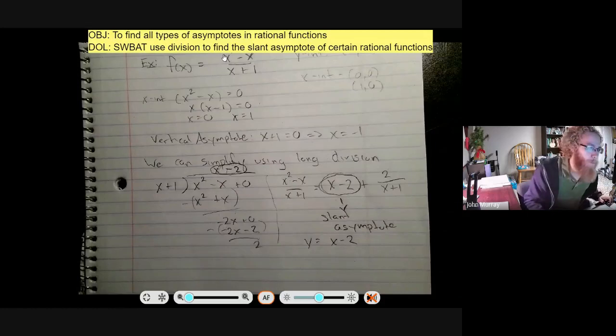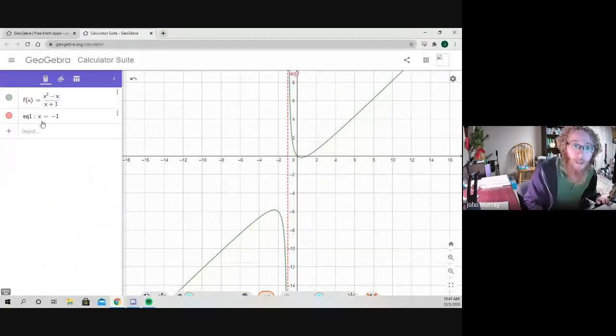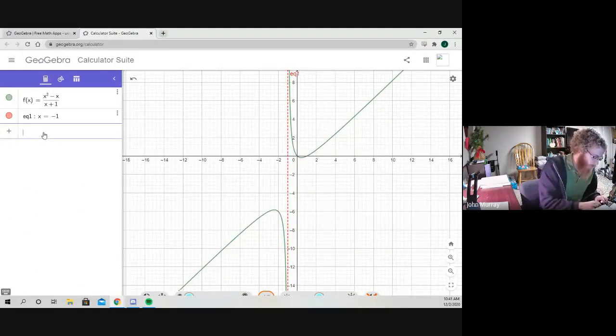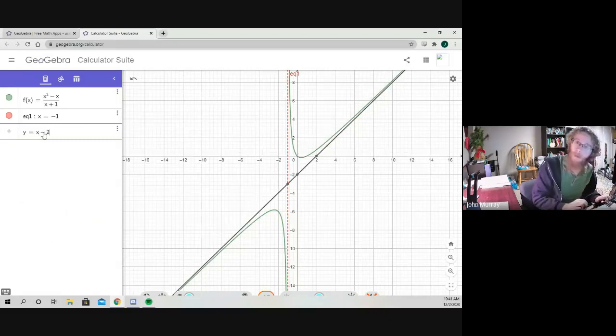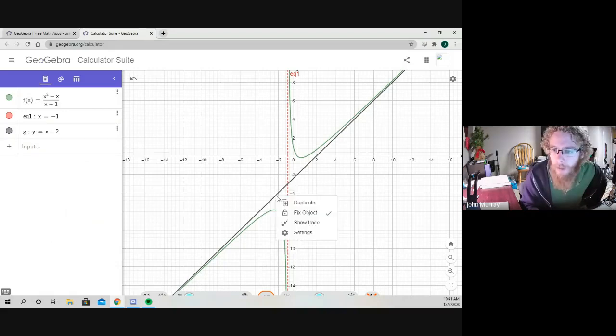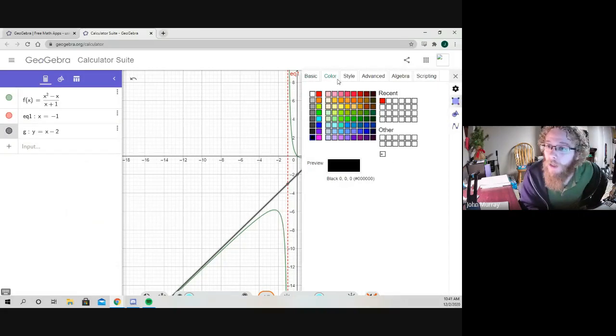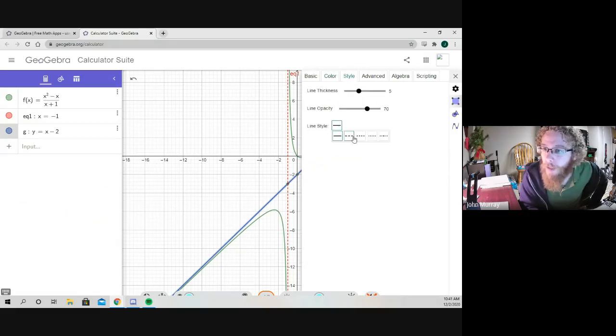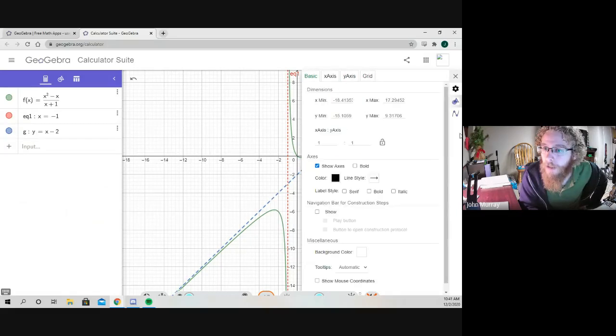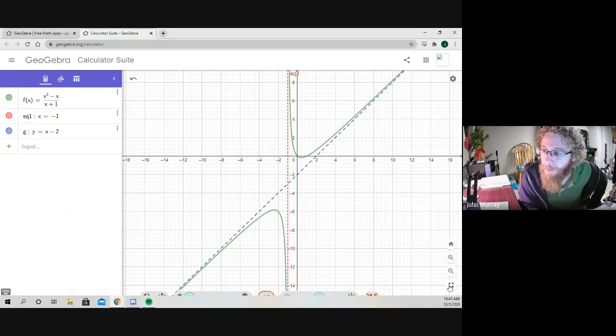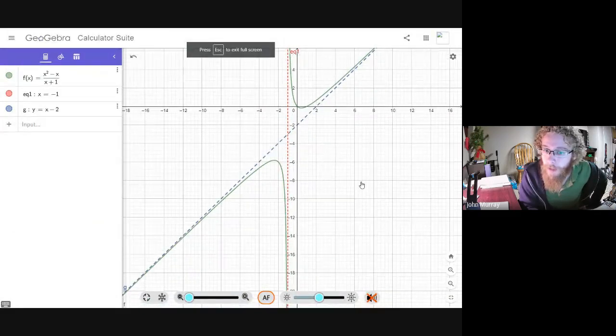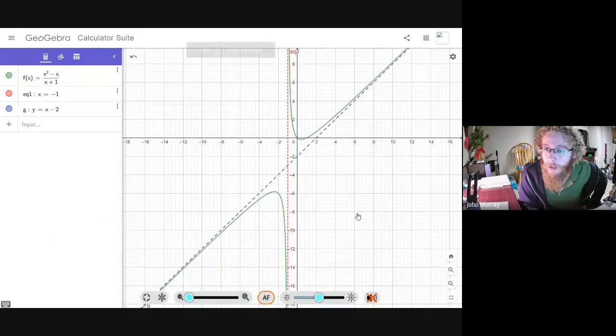Now let's take a look at that on the graph. Let's make a new line, y equals x minus 2. And would you look at that? We'll differentiate, that'll be blue, and I'll also make that dotted. There we can see we have this slanted line that bounds the equation.